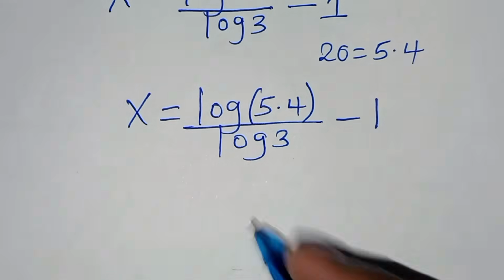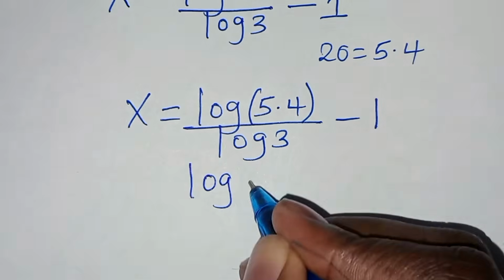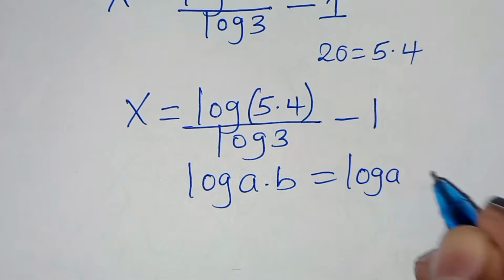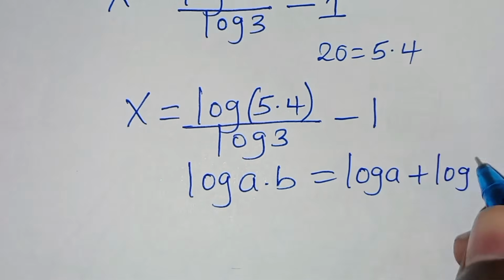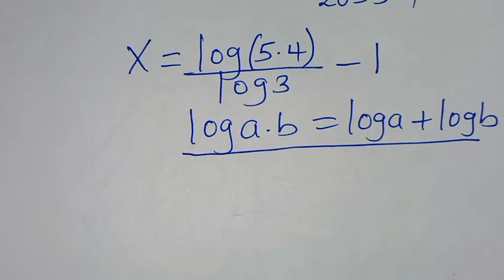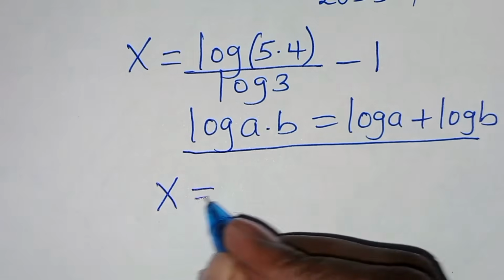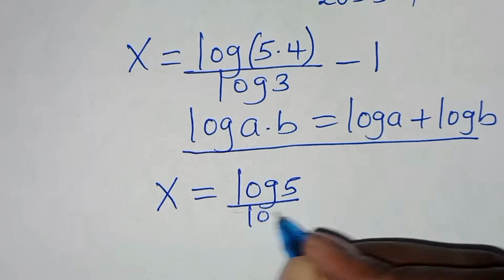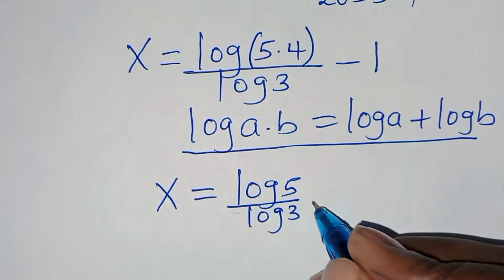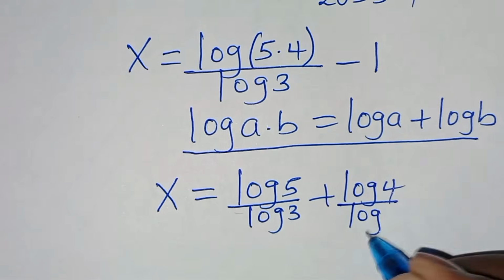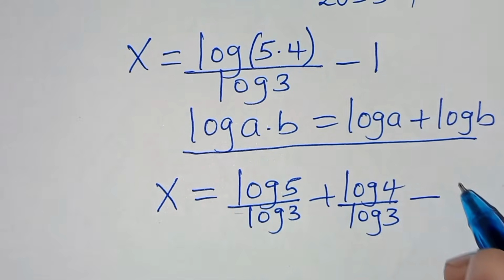So log 5 times 4, this is in the form of log a times b, which you can express as log a plus log b. Applying this property, we have that x is equal to log 5 divided by log 3, then plus log 4 divided by log 3, then subtract 1.